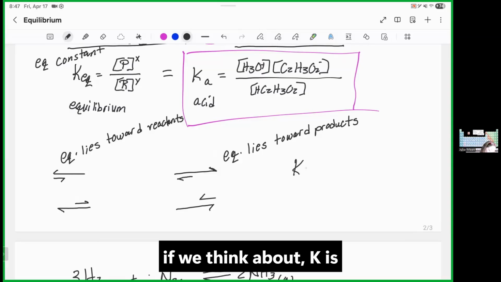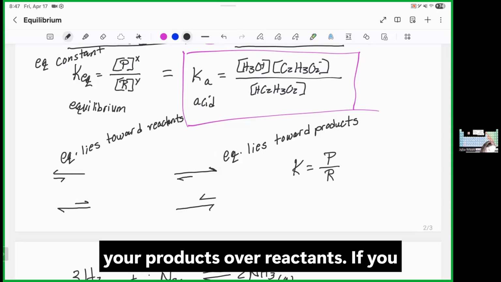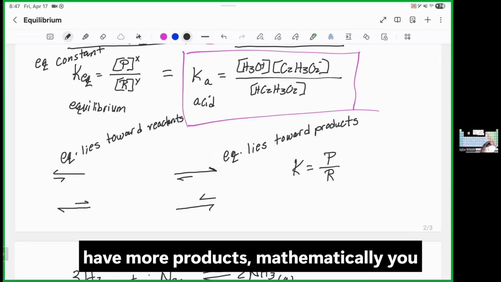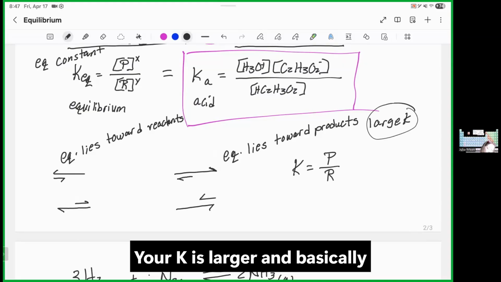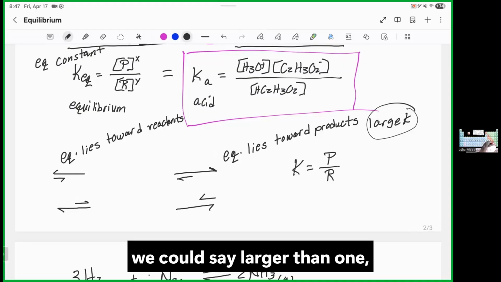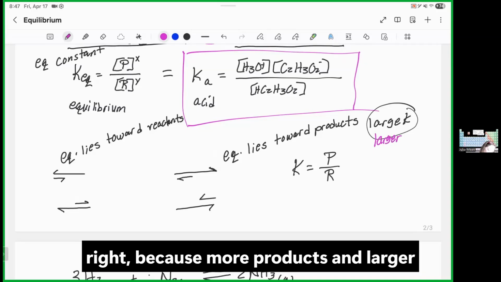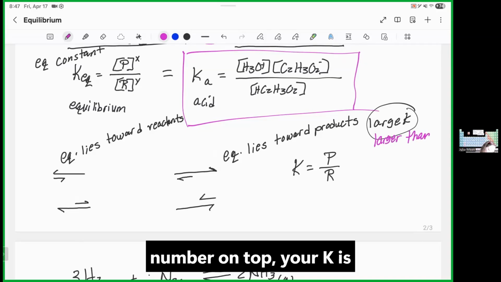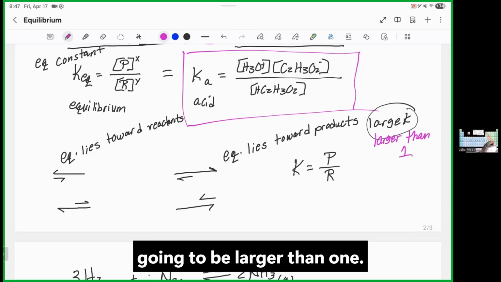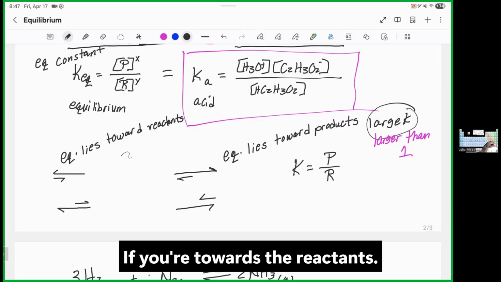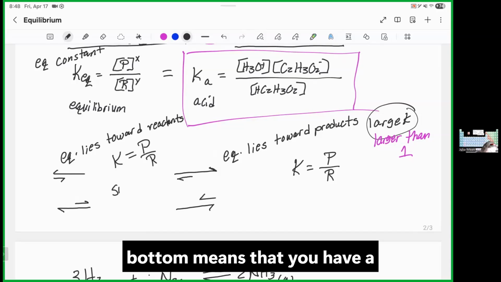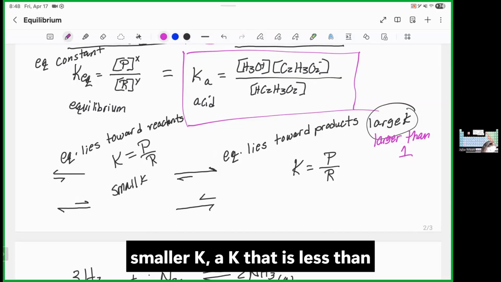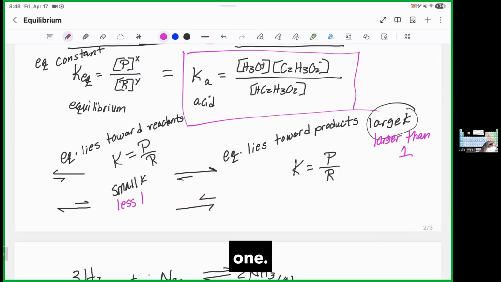If we think about K as your products over reactants, if you have more products, mathematically you have a larger K, basically larger than 1, because a larger number on top. If you're towards the reactants, a larger number on the bottom means you have a smaller K, a K that is less than 1.